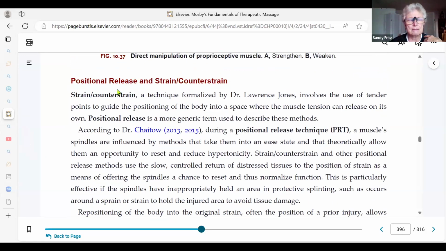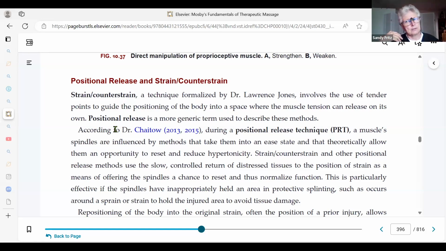And then positional release, strain, counter strain is the way you move the body into ease. And a way to find ease is to move it away from the pain or away from the discomfort.